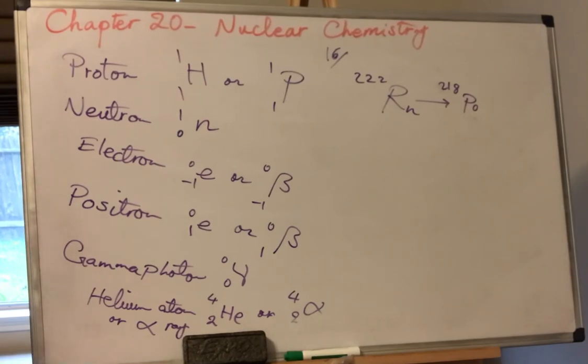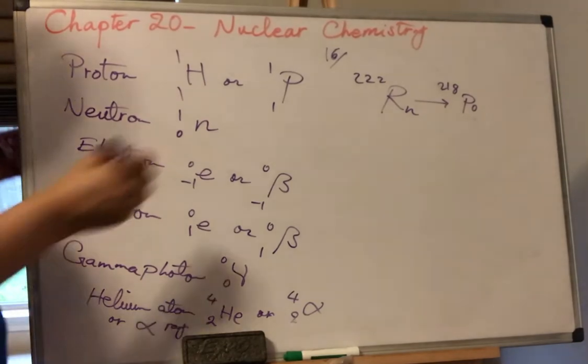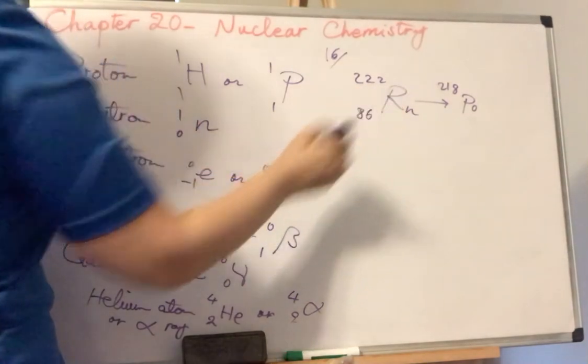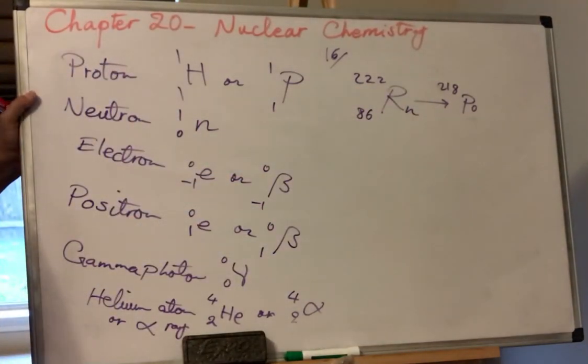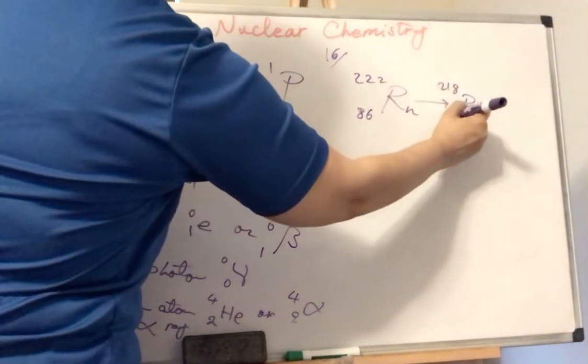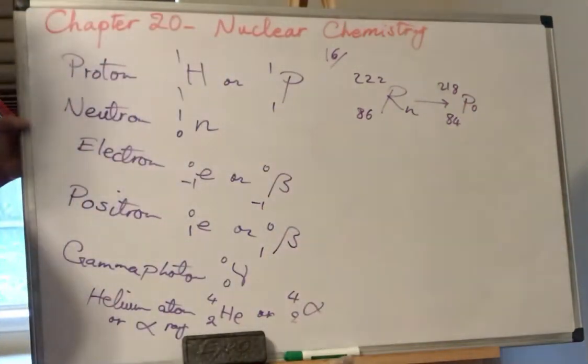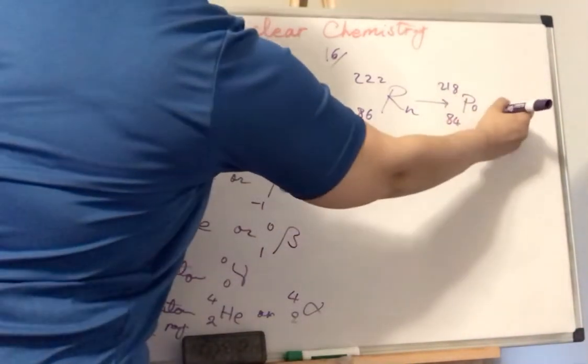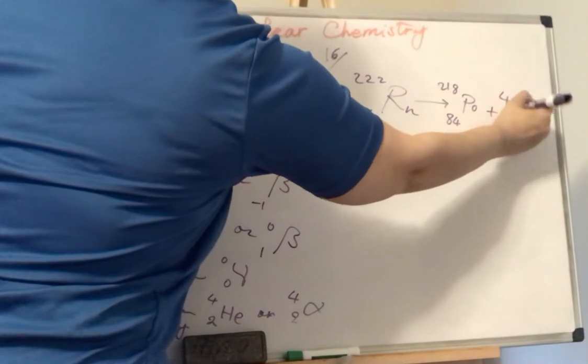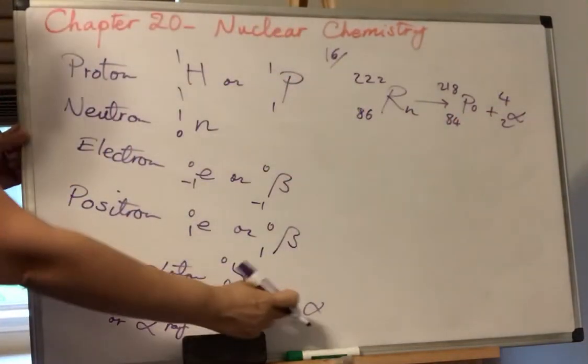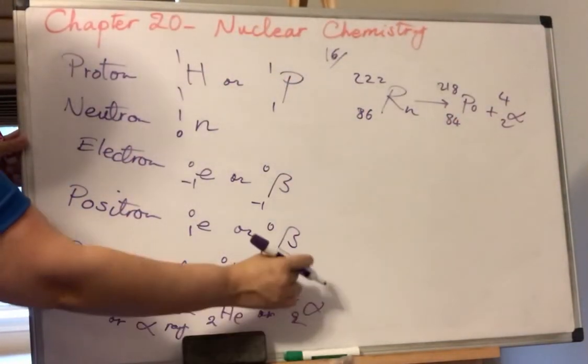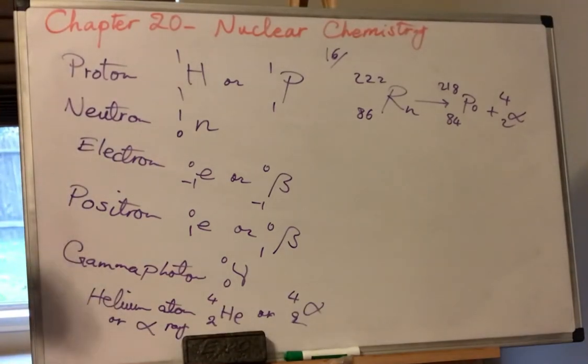So radon, if you look at periodic table, its atomic number is 86. Polonium is 218, it said 218, and its atomic number is 84. And it says it emits an alpha particle. And I just told you that alpha particle is shown as 2 atomic number and 4 atomic mass.